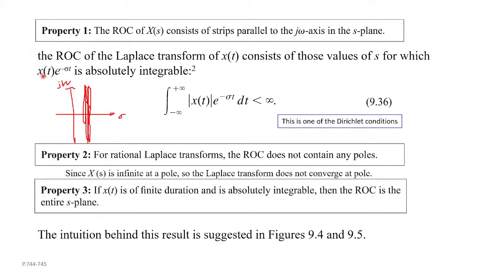If x of t times e to the minus sigma t is absolutely integrable, then we think this sigma strip is inside the ROC. So, any question on this very important strip property?